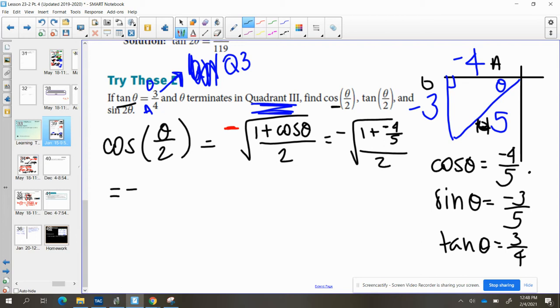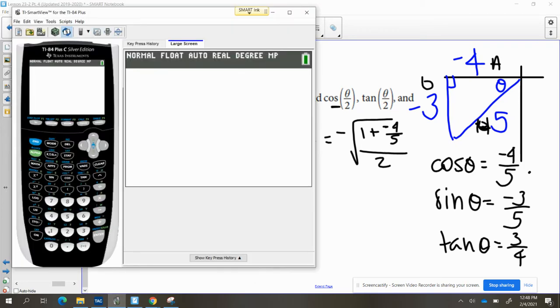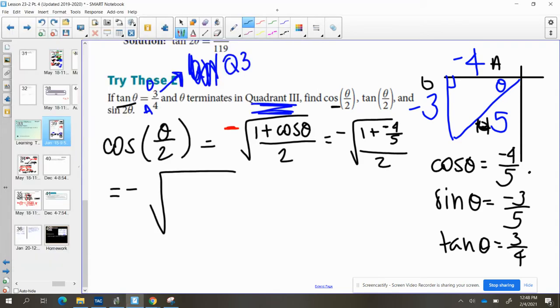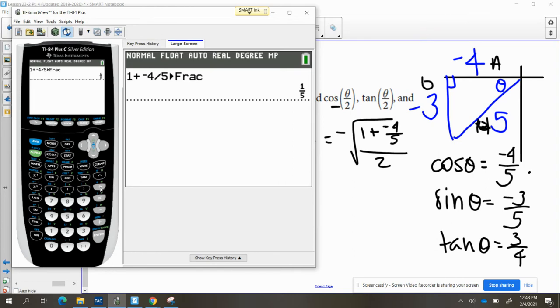Simplifying even more, we want 1 plus negative 4/5. Just keeping it as a fraction, that's 1/5, all divided by 2. So 1/5 divided by 2 is 1/10.